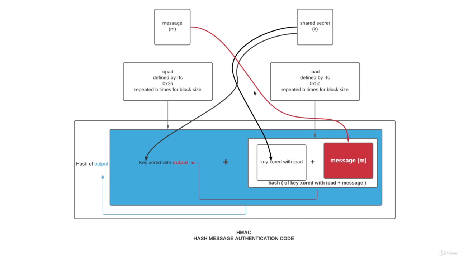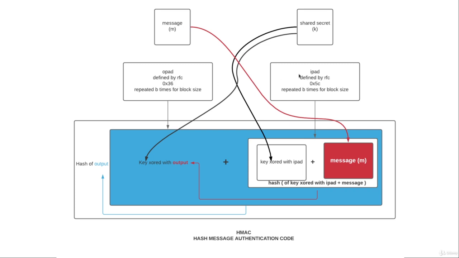The internal padding is the hex value 36, it is repeated multiple times to meet the bit size of the operation. For example, MD5 is 160 bits, so this will be repeated 80 times. The outer padding is the hex value of 5C, it is also repeated multiple times.